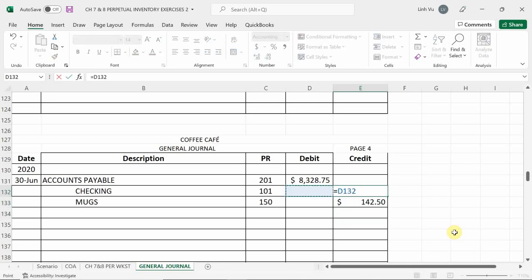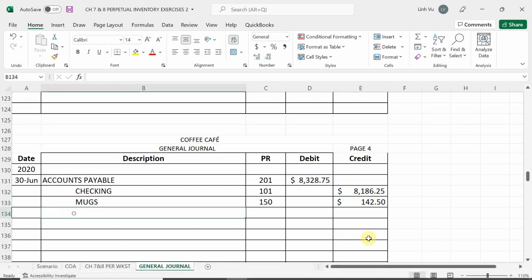So how much money am I actually going to be paying? $8,187.25. Good. And I'm going to say paid.